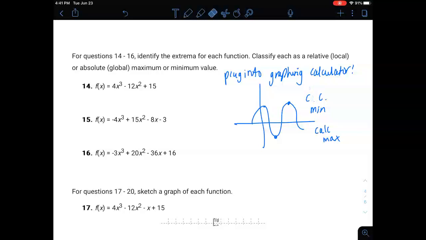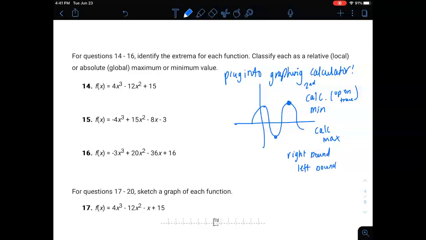So if I get rid of that math, I have to hit my second, and then I can hit my calculate button, and this is up on the trace button. And then what I can do is I can scroll down to minimum, or I can scroll down to maximum, okay? And then it's going to ask you for your right bound and your left bound.